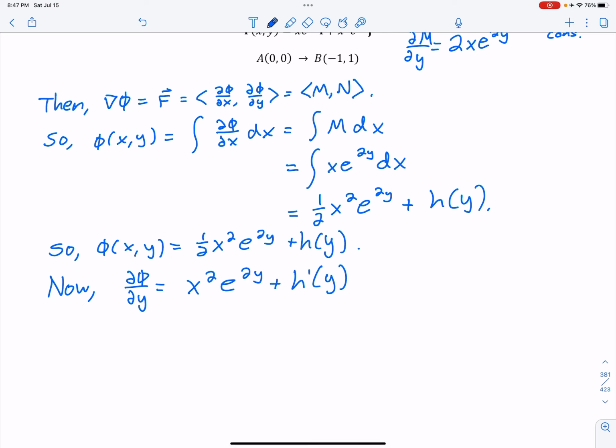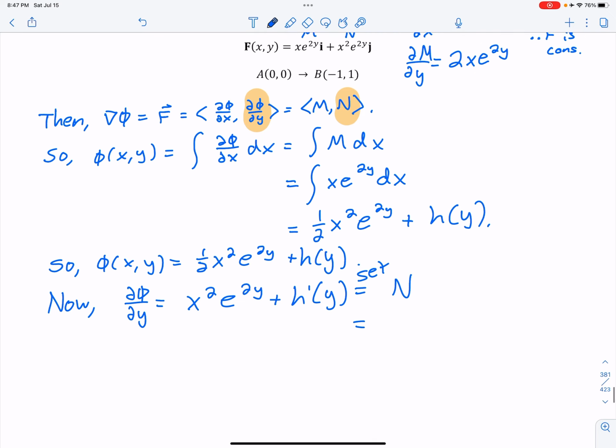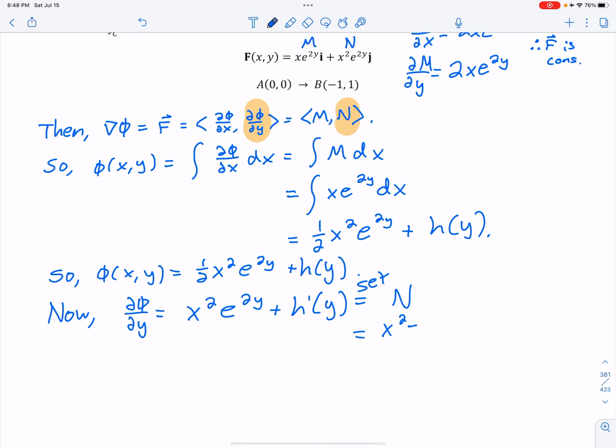If you remember, this partial of phi with respect to y is equal to N. So I'm going to set this equal to N. Our N, if I scroll up just a bit, is x squared e to the 2y. It's that convenient thing that seems to work out quite a bit for us. That goes away. So h prime of y is equal to 0, which means h of y is just some constant.